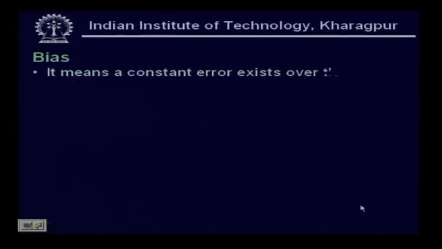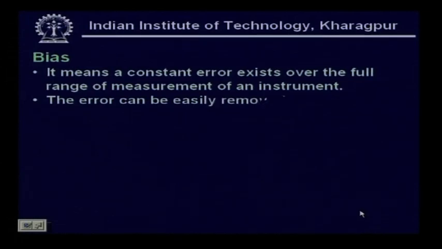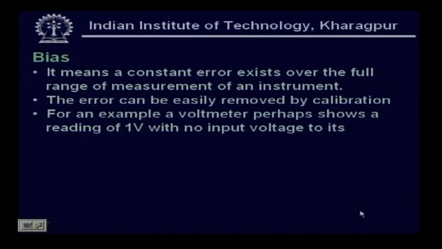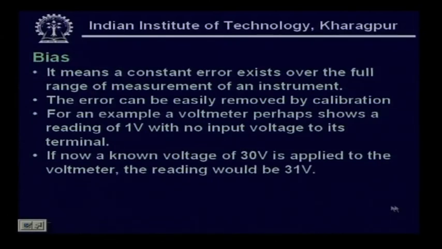Now, bias is another important one. It means a constant error exists over the full range of measurement of an instrument. The error can be easily removed by calibration. For example, a voltmeter perhaps shows a reading of 1 volt with no input voltage to its terminals. If now a known voltage of 30 volts is applied, the reading should be 31 volts.